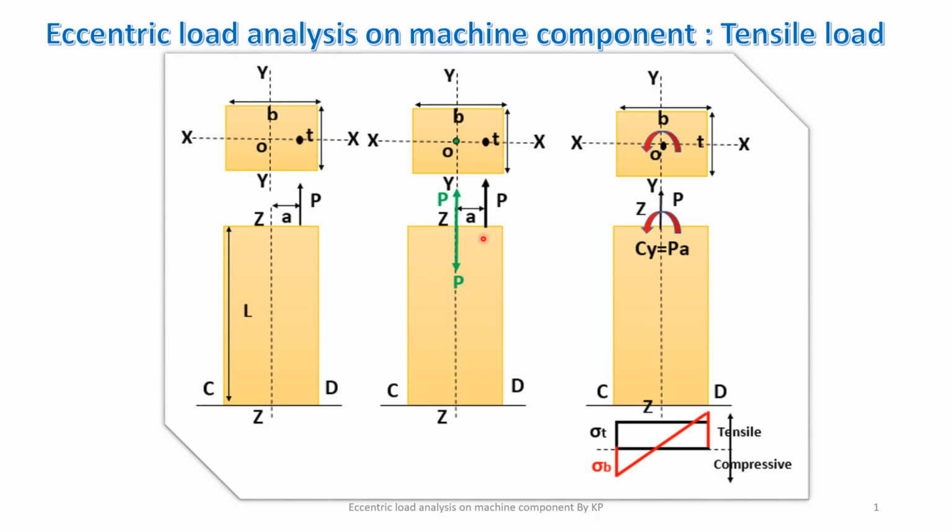So because this force and this downward force produce a couple whose value is equal to PA, this is CY, a couple about the YY axis whose value is equal to P into A. This is the value of the couple, and the remaining force is P, which is applied at the center. So this is the force P and this is the couple.